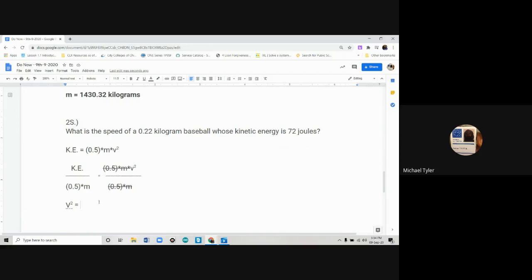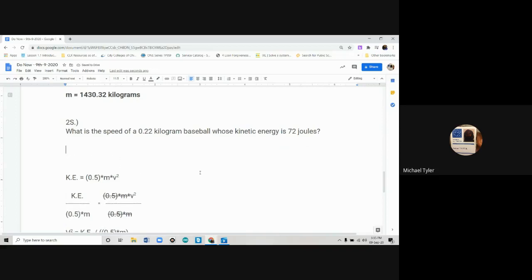It's going to be KE, or K dot E for kinetic energy, divided by, in parentheses, because it's all in the denominator or the bottom of the fraction, 0.5 times the mass. All right, so far so good. But we still don't have velocity by itself, and that's what this is asking for. So let me come here and put this for you.